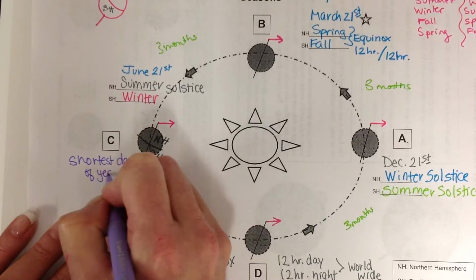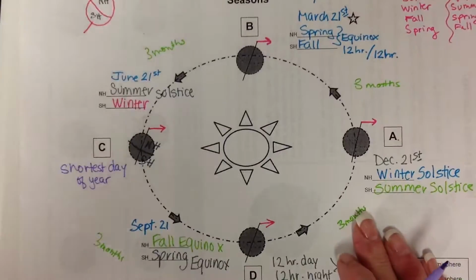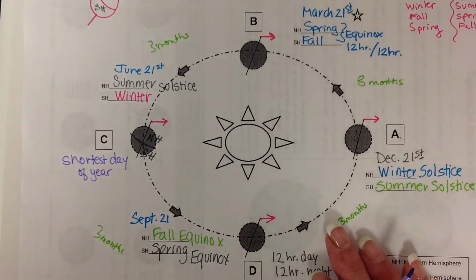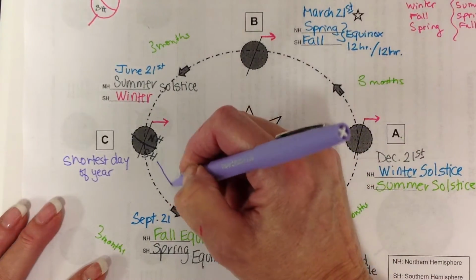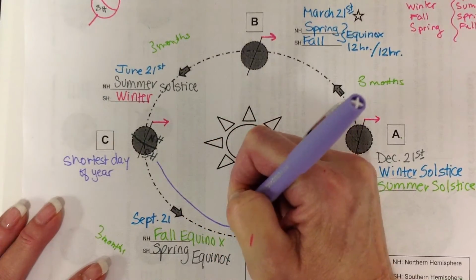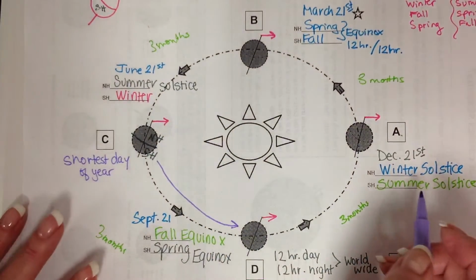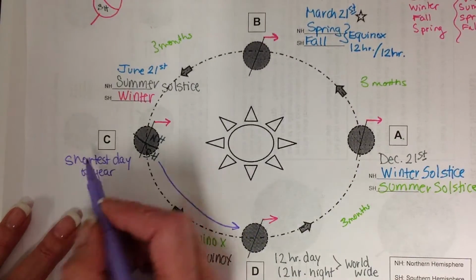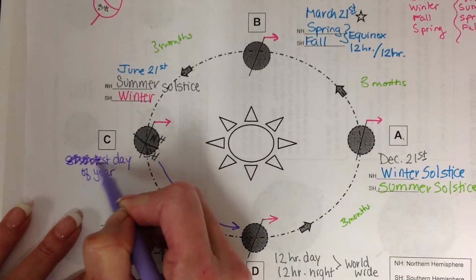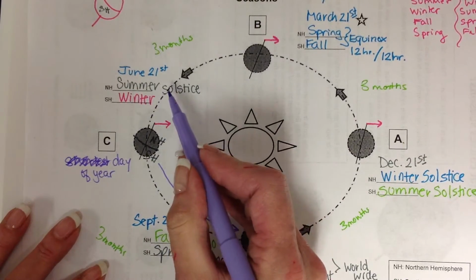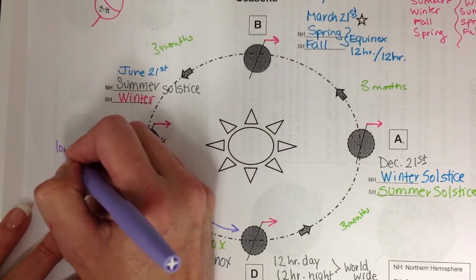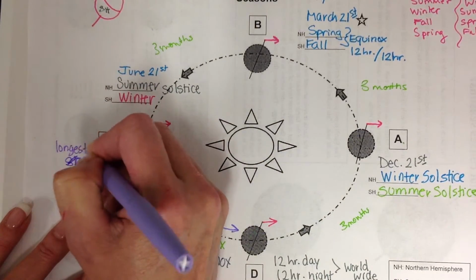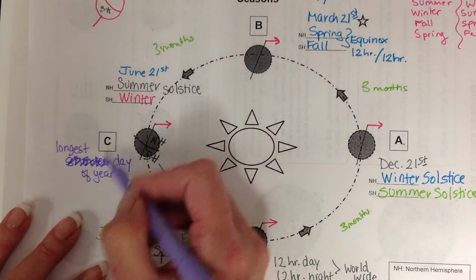And I know y'all noticed that, right? The days are getting longer and longer right now because we're moving closer and closer to our summer. So as we move from winter to, excuse me, I did it backwards. Somebody should have stopped me. Okay, this was the summer solstice, excuse me. This is the longest day of the year. I thought we were at winter here. Longest day of the year, right?